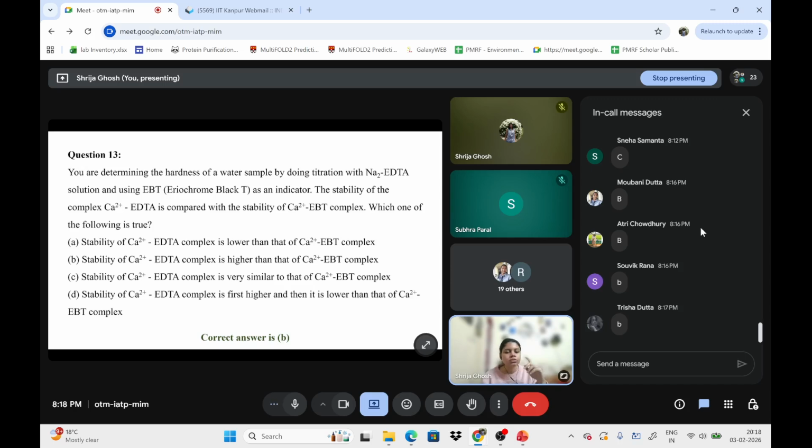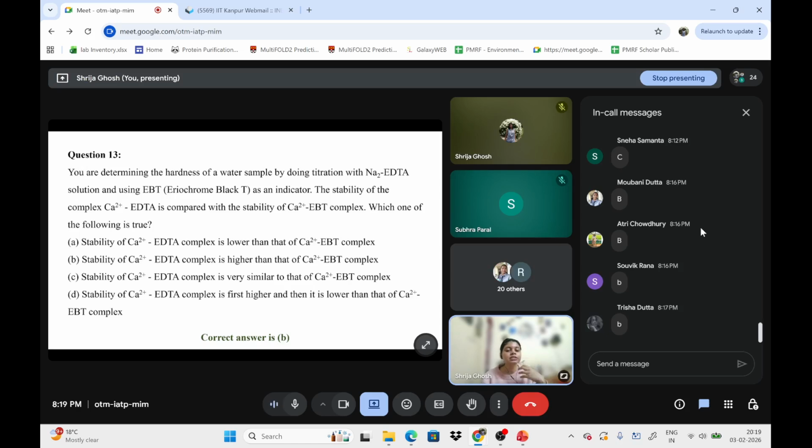There will be a point where the color changes from purplish black to blue. That color change indicates the end of the titration, and it occurs when all the Ca2+ EBT complex has been broken.